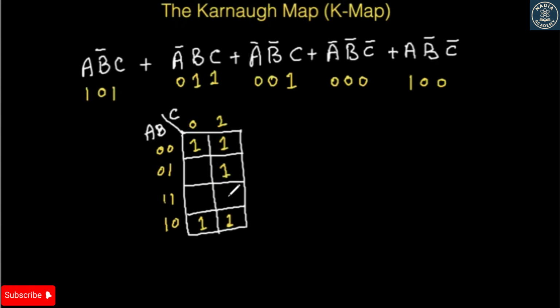Then we have 1, 1. So in these 3 cells where we have nothing, we will put 0, or we just leave them as they are. Now let's move to solve one example of domain 4, where we have A, B, C, D, 4 inputs or 4 variables.